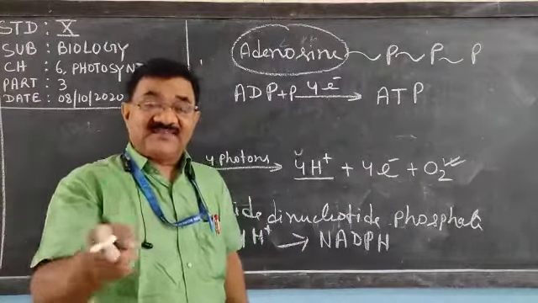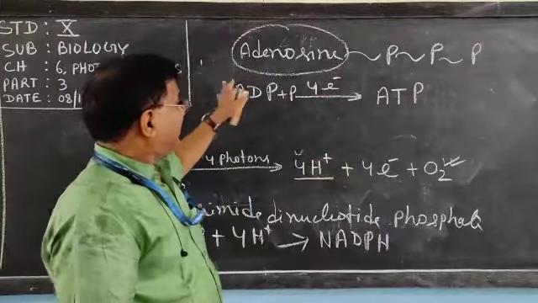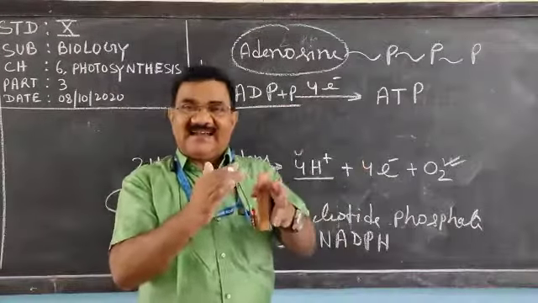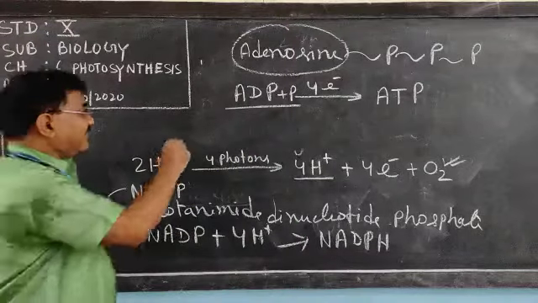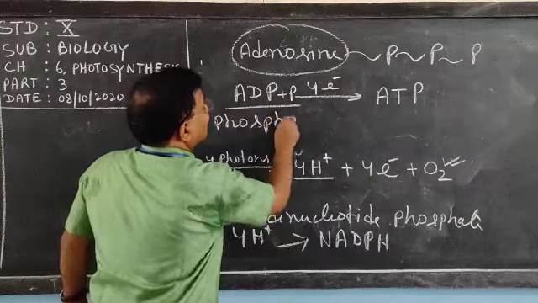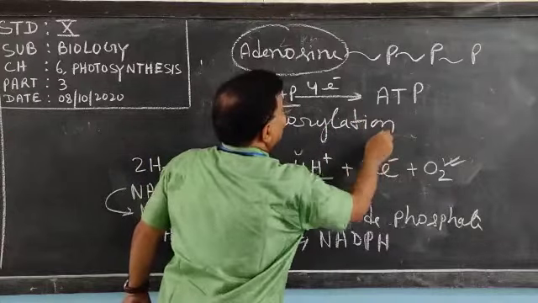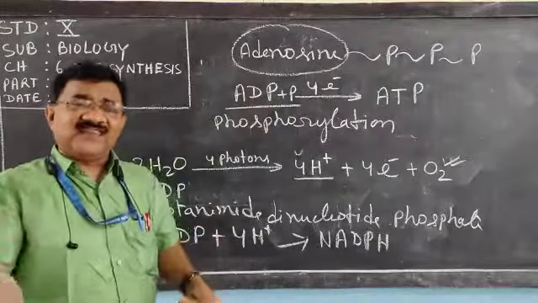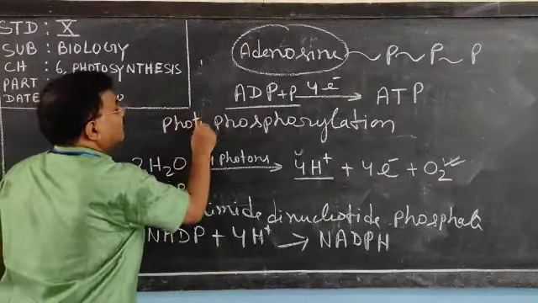In photosynthesis, energy is also produced in the form of ATP. Now listen, a reaction in which phosphate is added is called phosphorylation. Phospho means phosphate, and the reaction means addition of phosphate. Since this reaction takes place in the presence of light, we can call it photophosphorylation.